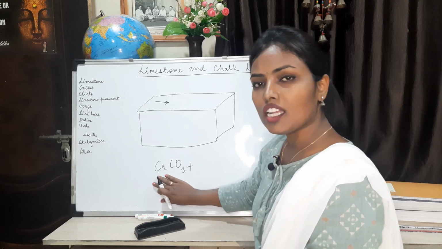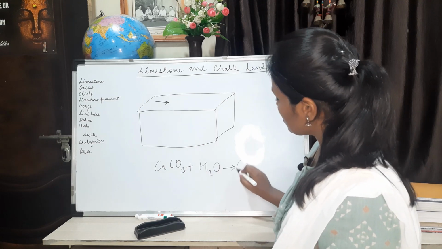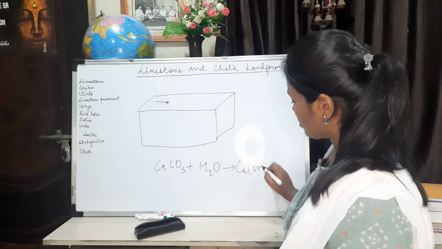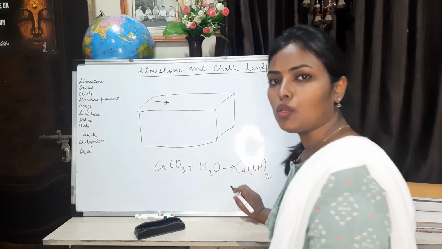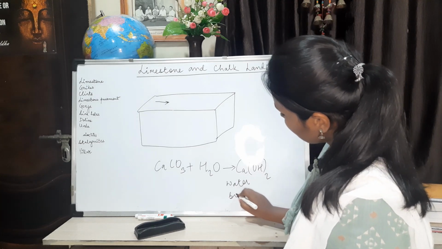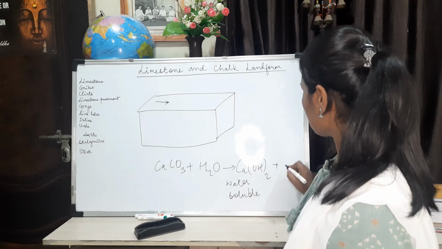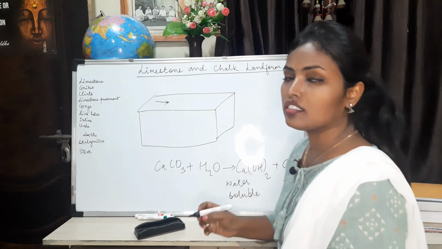this calcium carbonate comes in contact with water, that is H2O, it forms a compound called calcium hydroxide, which is water soluble in nature. And along with that, it releases carbon dioxide.